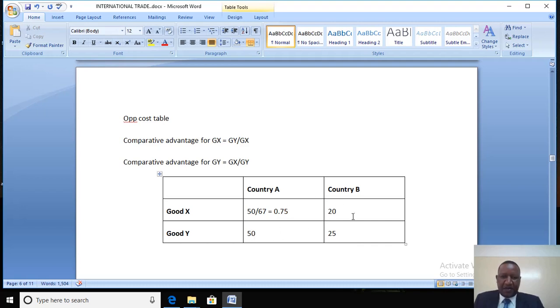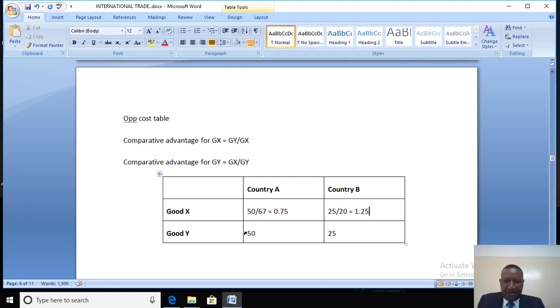The comparative advantage for good X in country B is the quantity of good Y produced in country B, which is 25, divided by the quantity of good X produced in country B, and that is going to be 1.25.